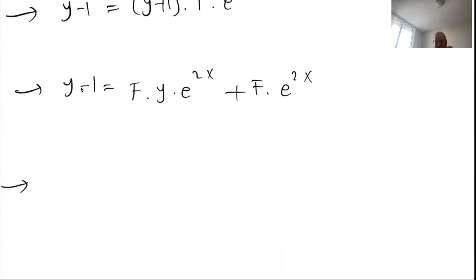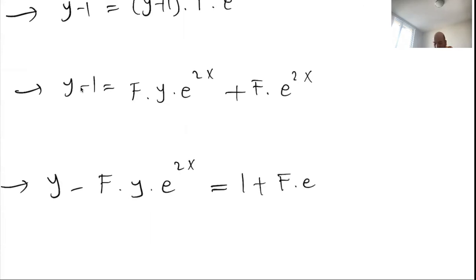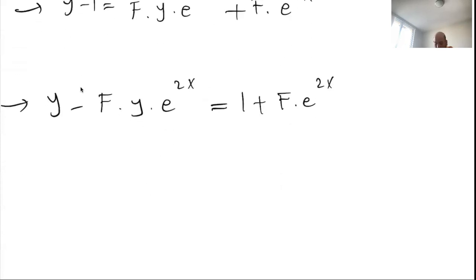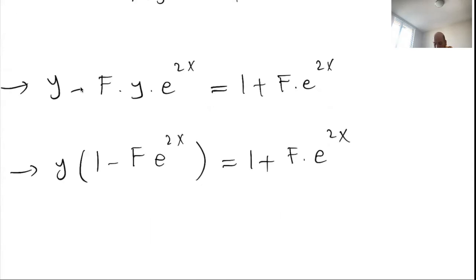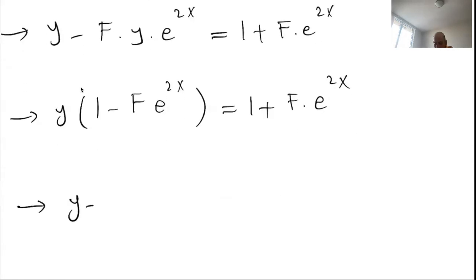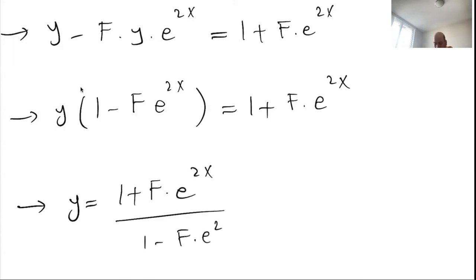If I take all terms containing y to one side, y minus f y e to power 2x, and all the terms not containing y to the other side, so 1 plus f e to power 2x, and y times 1 minus f e to power 2x equals 1 plus f e to power 2x, then y will be 1 plus f e to power 2x divided by 1 minus f e to power 2x.